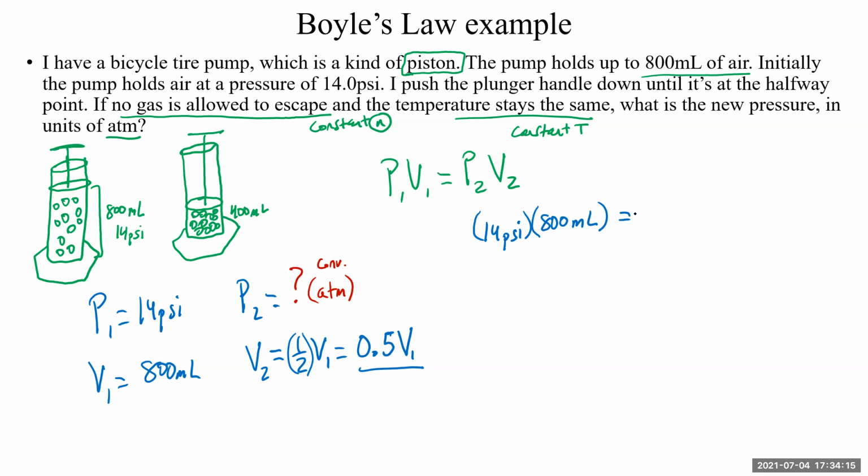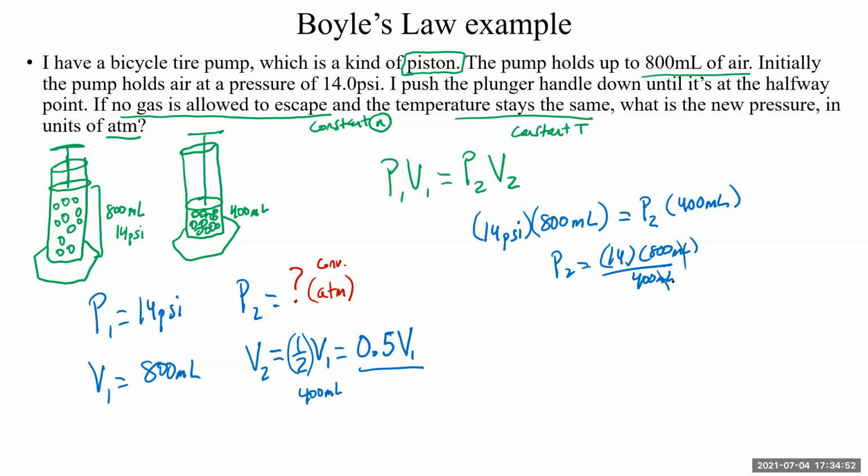Well, let me do it both ways, because I just realized that this isn't going to work the way I intended. Okay, so 14 PSI times 800 milliliters equals our pressure 2, which is our unknown, multiplied by, let's first put it in numerically, half of our initial value, 400 milliliters. And then we solve. P2 is going to equal 14 times 800 divided by 400 milliliters.